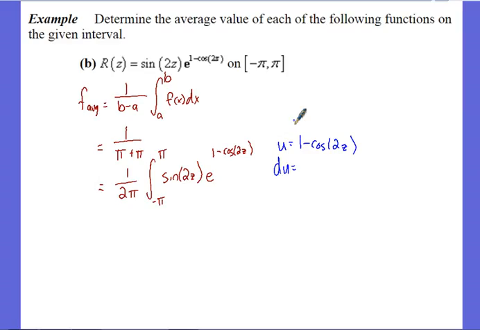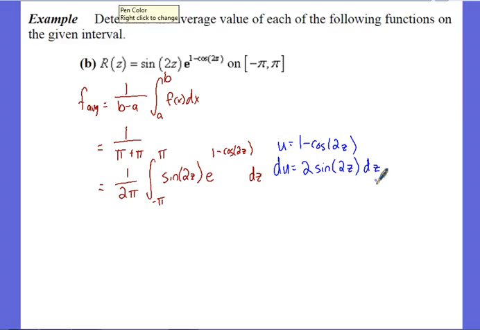It's the derivative of the outside times the derivative of the inside. So the derivative of the inside is what? 2. And then the derivative of the outside is just sine, and then leave the original 2z. Does everybody agree with that? Of course, dz. I forgot my dz over here.